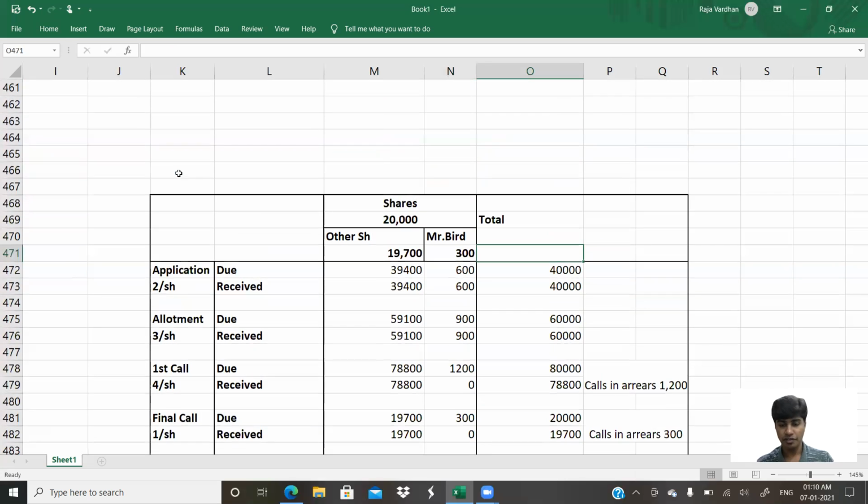I've made it good enough to understand this table. So I hope it helps.